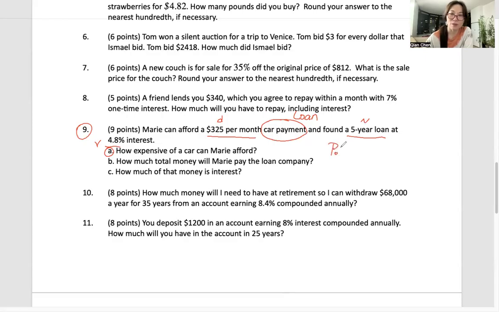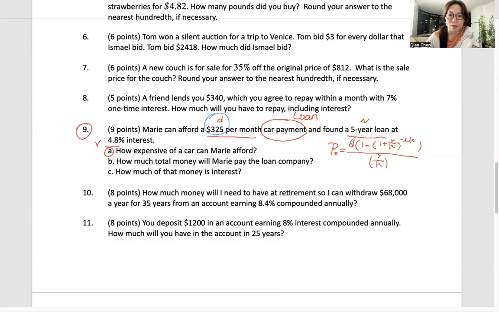So let's write down the formula first. P naught equals D multiplied by 1 minus 1 plus R divided by K, raised by negative N times K, over R divided by K. So let's identify these variables. Remember 3 steps, right? Identify the formula, then find the corresponding values for variables.